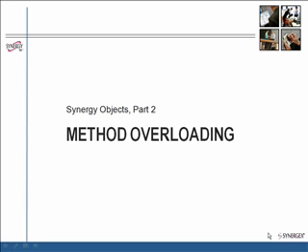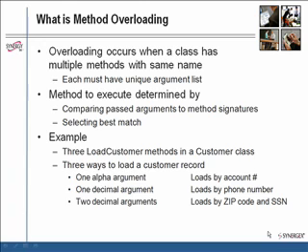Our first subject for today is that of method overloading, which is a very common practice in object-oriented programming. Method overloading describes a situation which occurs if a single class includes multiple methods which have the same method name. Such methods are said to be overloaded.